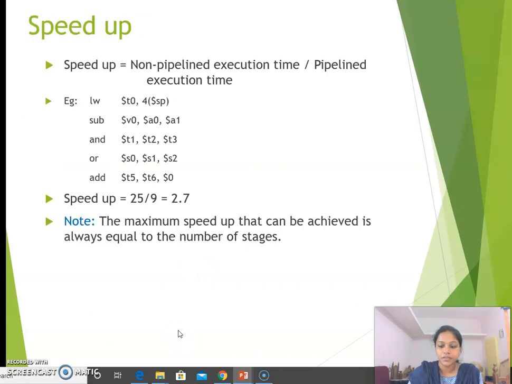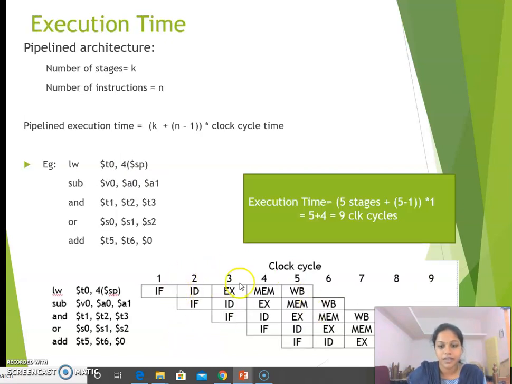If you see this diagrammatic representation, the first instruction takes 1 to 5, the second instruction 2 to 6, and so on. So completion of all 5 instructions will happen at clock cycle number 9.